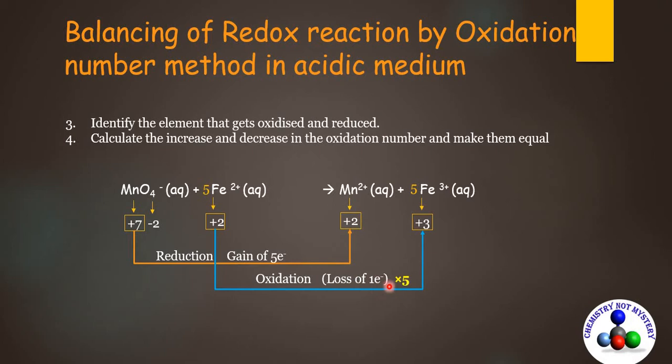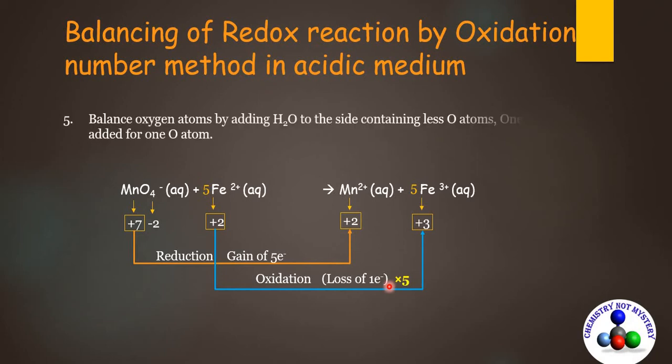Next step is to balance oxygen atoms by adding H2O to the side containing less oxygen atoms. 1 H2O is added for 1 oxygen atom. Here 4 oxygen atoms are present on the left side of the reaction, but there is none on the right side of the reaction.